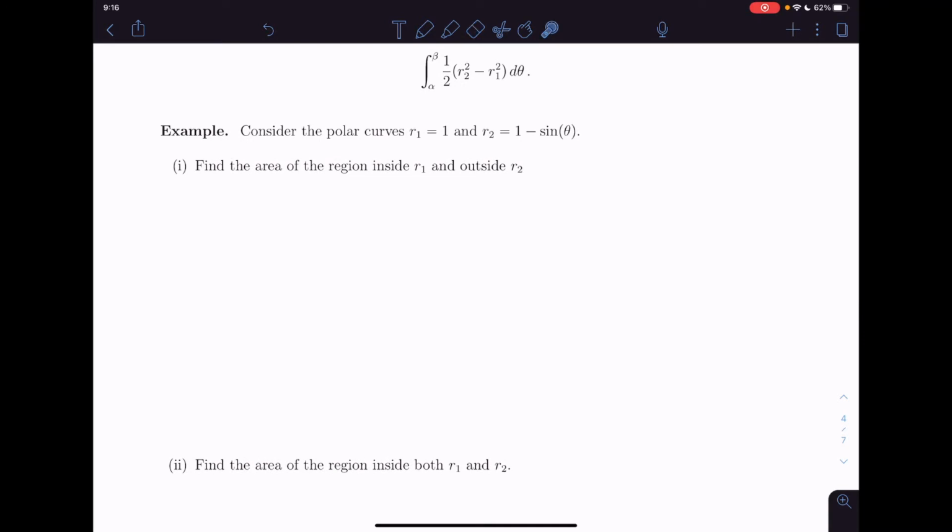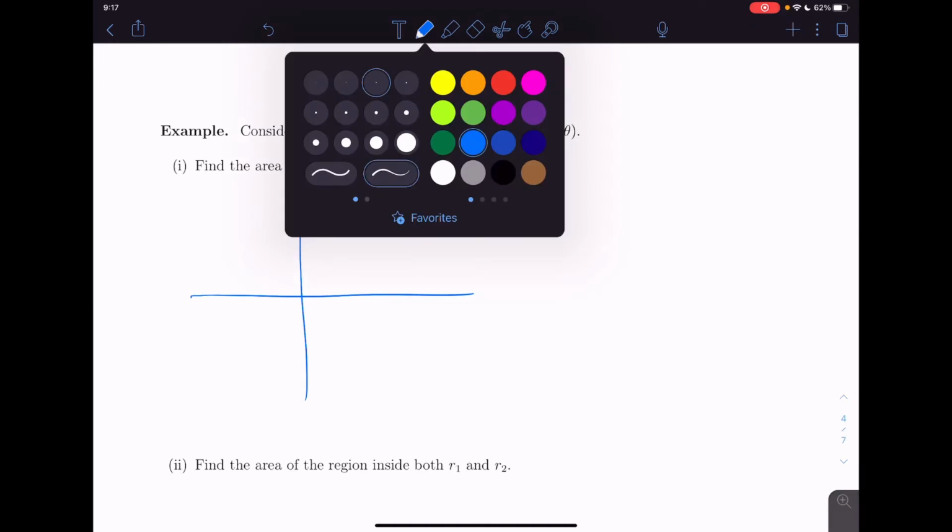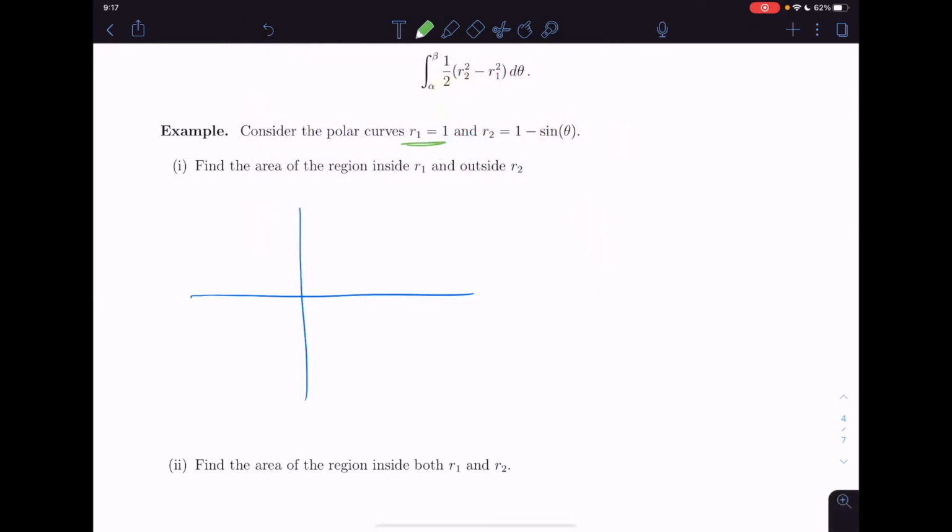Here we have two different polar curves, r1 equals 1 and r2 equals 1 minus sine theta. In referencing your polar curve reference sheet, you should recognize this as a circle and a cardioid, respectively. Indeed, if I were to graph these two objects, what I'll find is that if I call r1 here in green, that's 1.